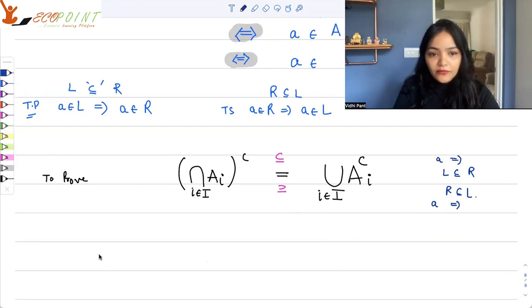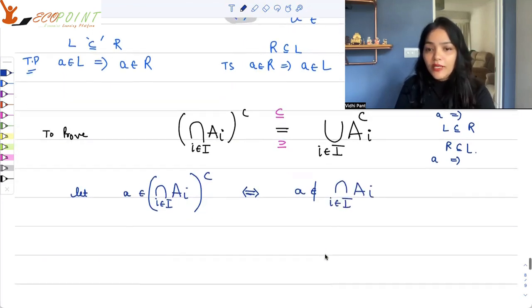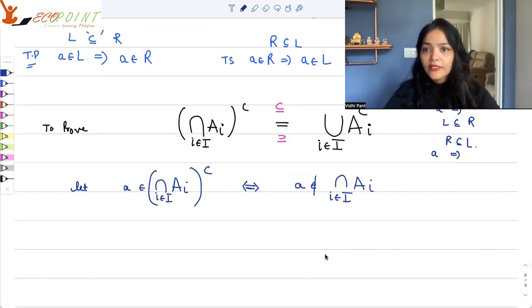Let me take an element a, which belongs to the complement of the intersection of A_i. This is only possible if and only if a does not belong to the intersection of A_i, where i belongs to capital I, that is the intersection of all the sets in this family, right?